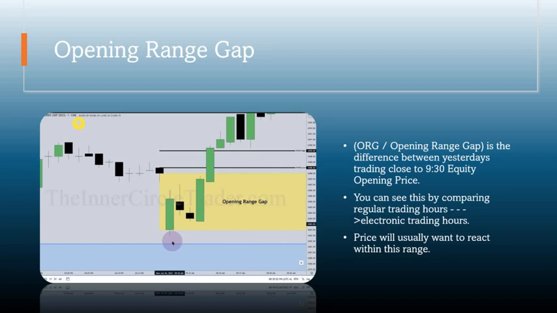You cannot use this, or you can, but this is specifically talking about futures, and specifically index futures. So with index futures, markets close at 4 p.m. EST. Markets open 9:30 EST. And this is using regular trading hours.